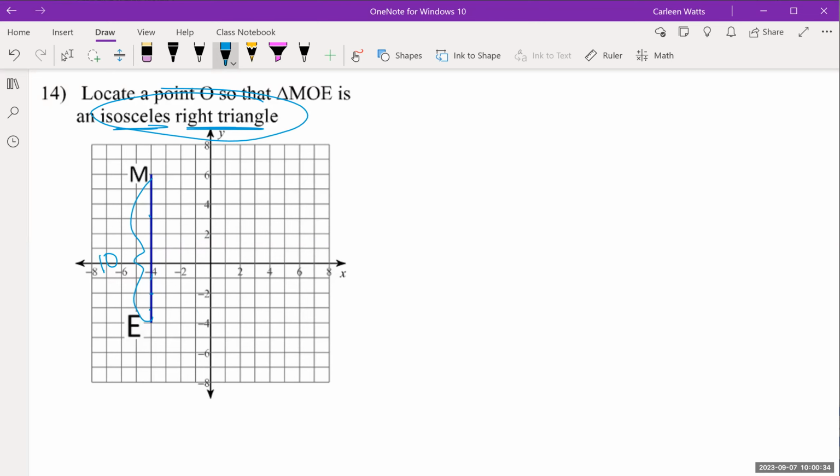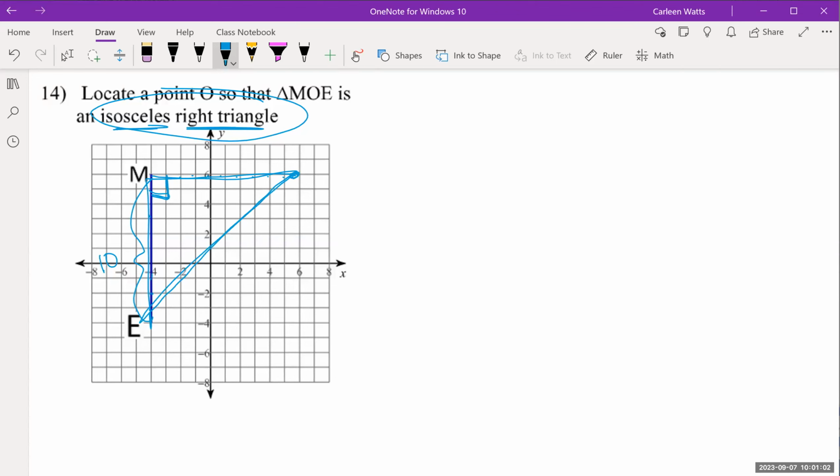Ah, ding, ding, ding. Okay. So I'm going to start at M and I'm going to go 10 units to the right. 1, 2, 3, 4, 5, 6, 7, 8, 9, 10. Yeah. So can you see that that is isosceles? There's a right angle right here.